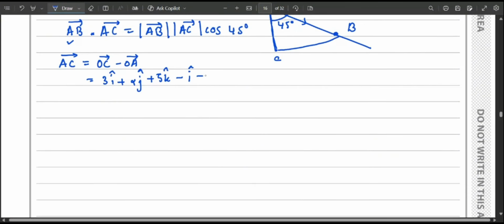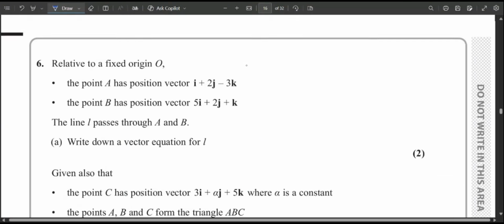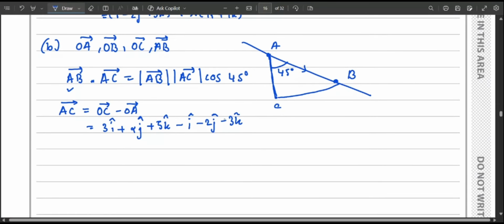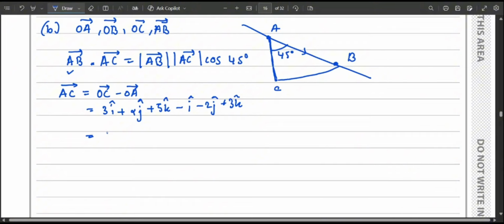This will become minus i minus 2j minus 3k. Minus 3k will become plus 3k. So simplifying will give us 2i plus alpha minus 2 j and 5 plus 3, 8k. This will be the vector AC.